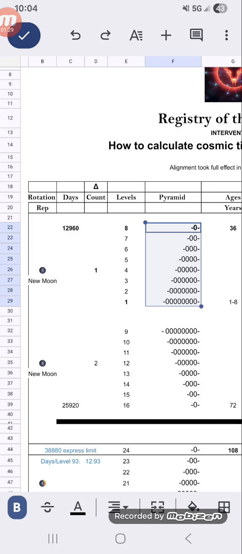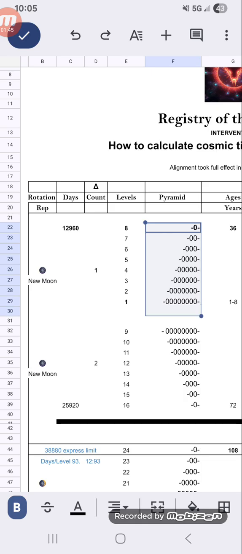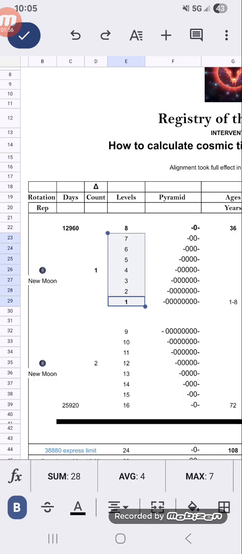Some will label it 12,600 days, but this one has 12,960 days for each pyramid. Each pyramid in this chart is a count. Like one count means one whole pyramid of 36 years, or the age of 36. Each pyramid has 8 levels, which you'll see right here.